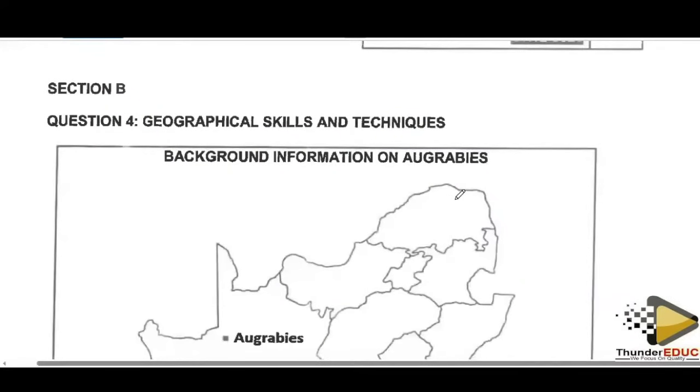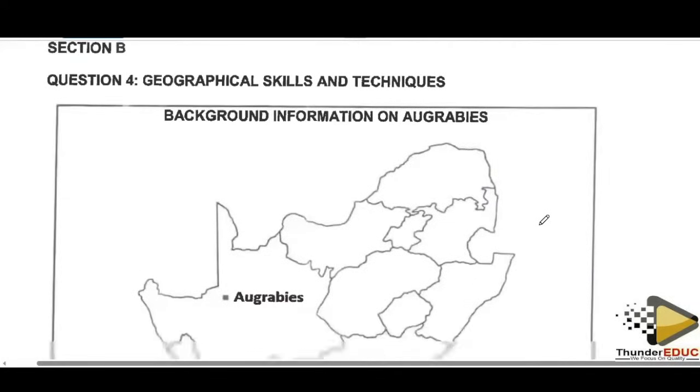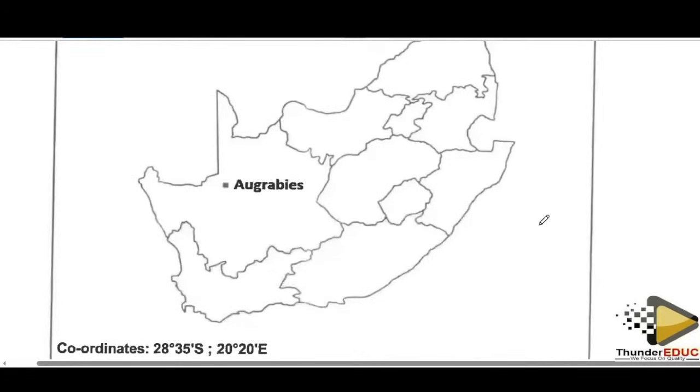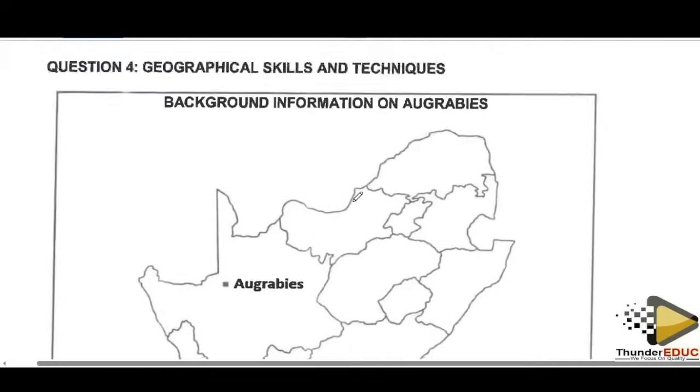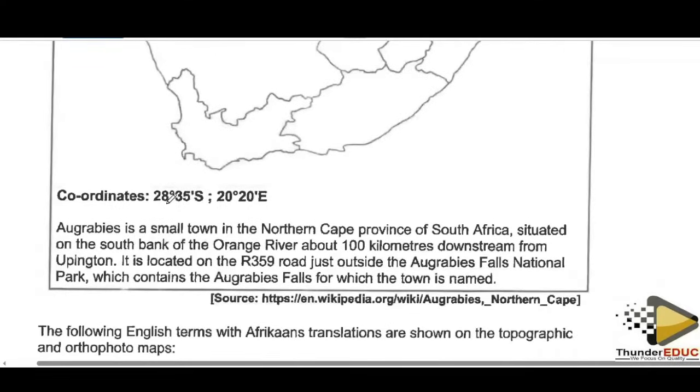Okay. So section B, question 4, geographical skills and techniques. This is the map of Southern Africa, including countries like Lesotho, Swaziland, and South Africa. So this is Augrabies. They're giving us the coordinates: 28 degrees 35 minutes south, 20 degrees 20 minutes east.